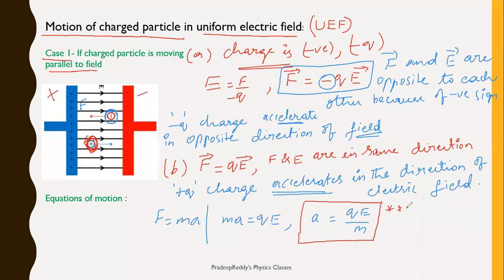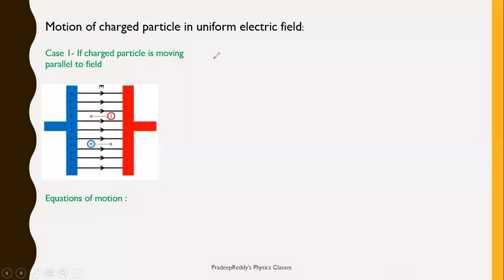When you are placing a charged particle in a uniform electric field, that charged particle will experience an acceleration, and that acceleration is in the same direction of the electric field if it is a positive charge, and if it is a negative charge, then obviously acceleration is in the opposite direction to that of the electric field. The equation for acceleration is qE divided by m. Now we have derived the equation for acceleration. So we have got these equations.